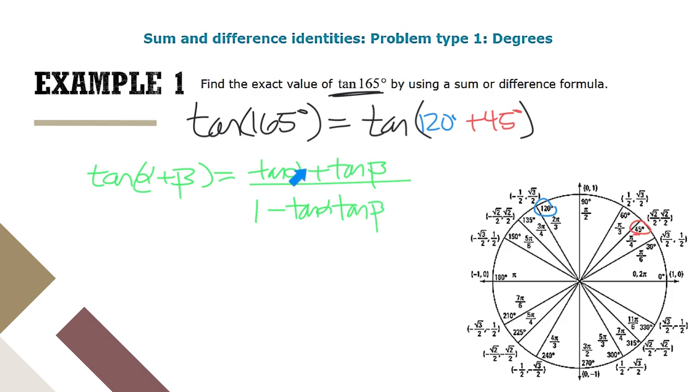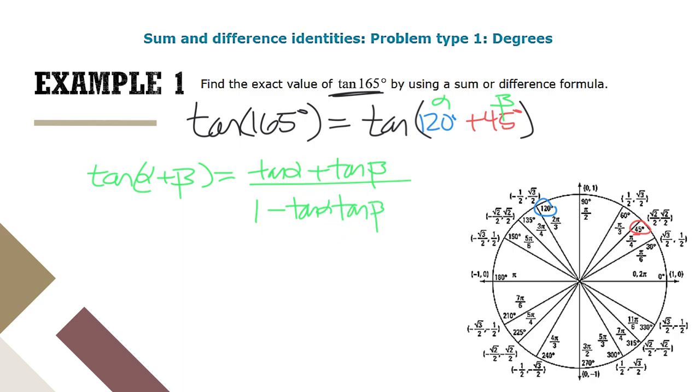So all we have to do is replace: this right here will be my alpha and this will be my beta. And I could actually switch these, because if I wanted beta to be 45 and alpha to be 120, it's not a big deal because addition and multiplication are commutative.